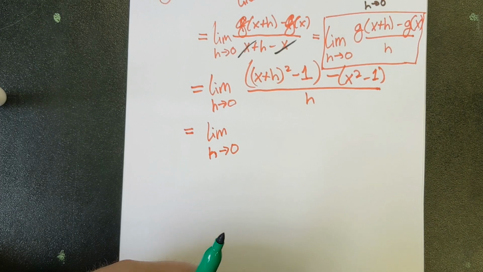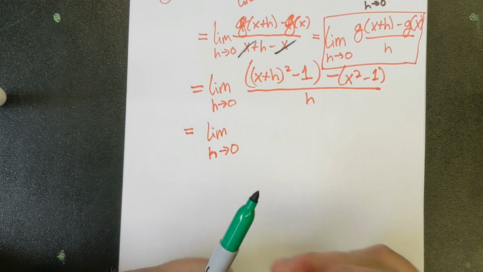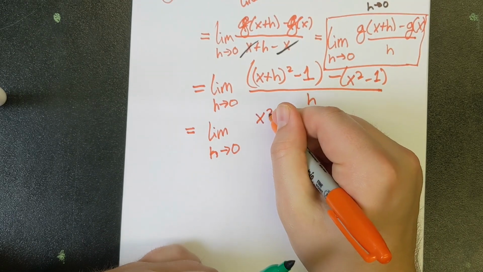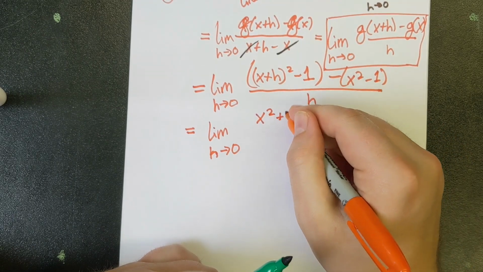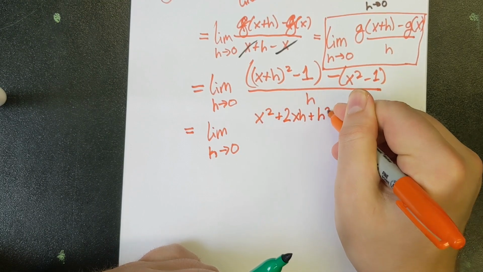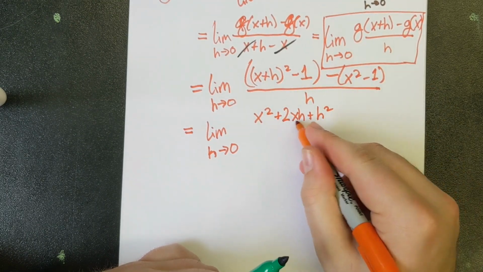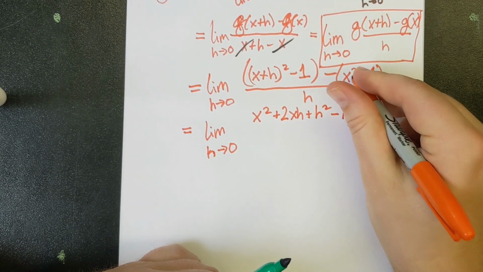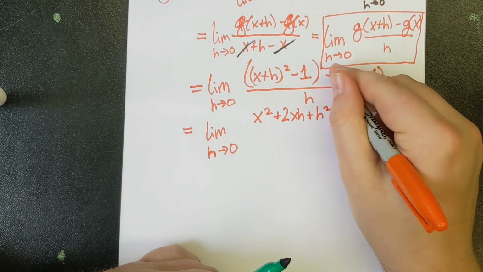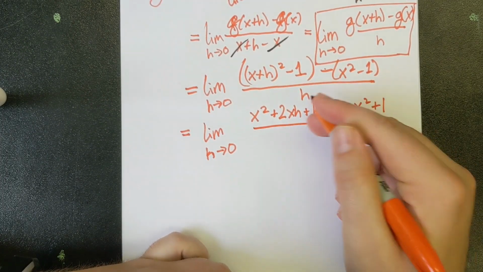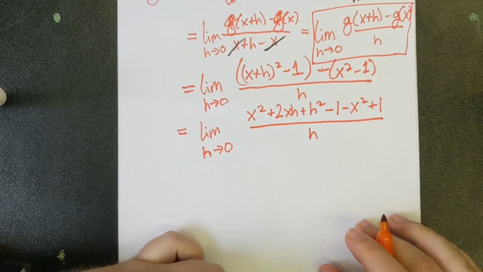Take the limit as h goes to 0. Well, here you have on top x plus h squared. So that's x squared plus, not just plus h squared, plus 2xh plus h squared. Right? You have to FOIL it out. So you get this 2xh minus 1 minus x squared minus minus, so plus 1 all over h.